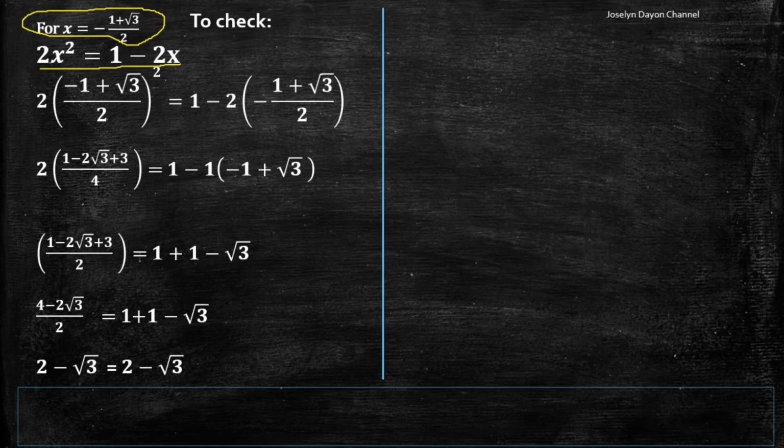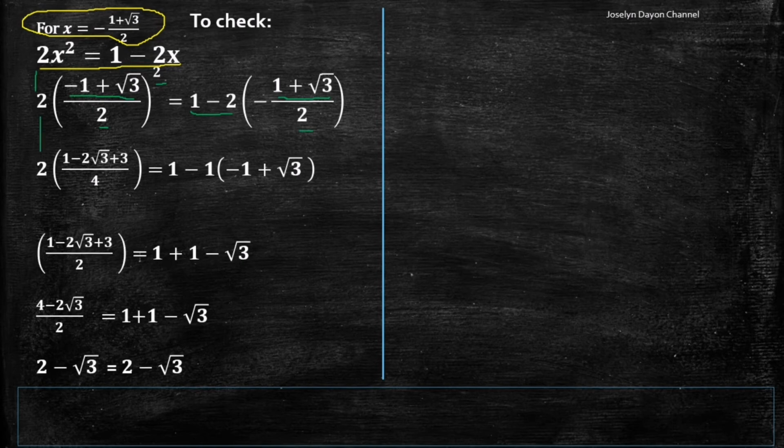Next, substitute x by negative 1 plus square root of 3 all over 2. So just copy 2, and then we have negative 1 plus square root of 3 all over 2 raised to the power of 2 equals 1 minus 2 times the quantity of negative 1 plus square root of 3 all over 2. Simplify.